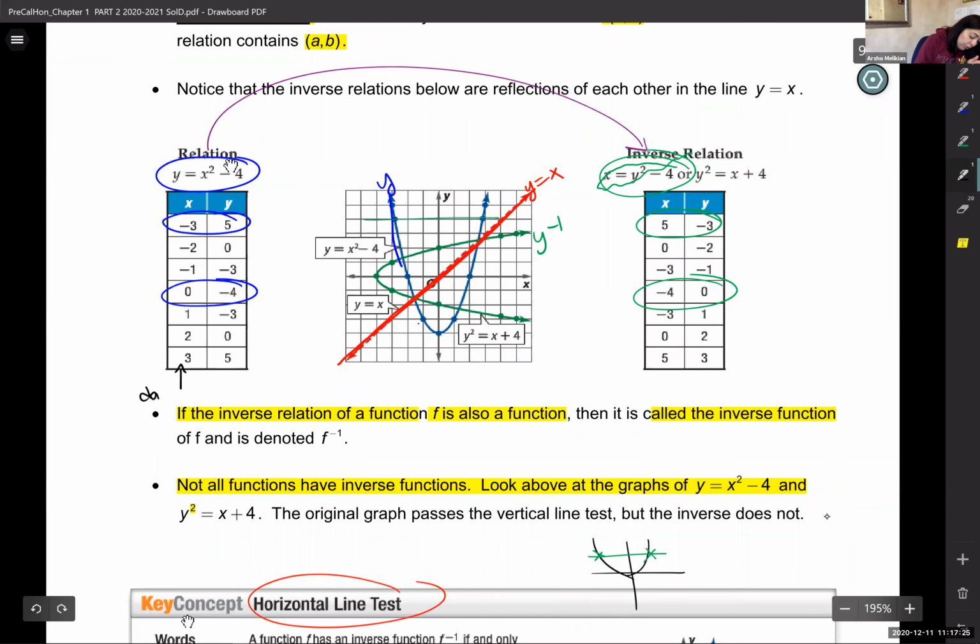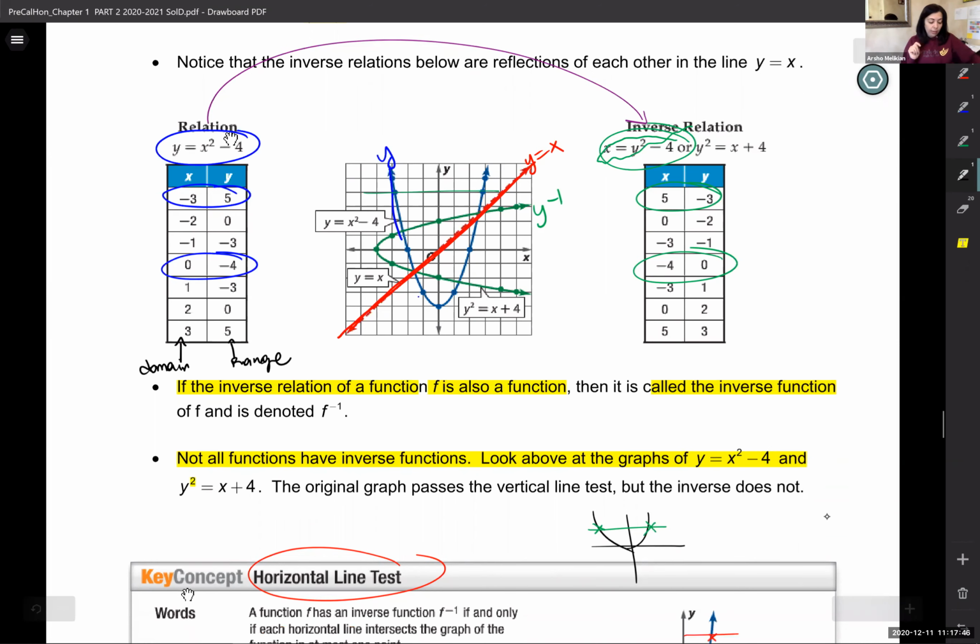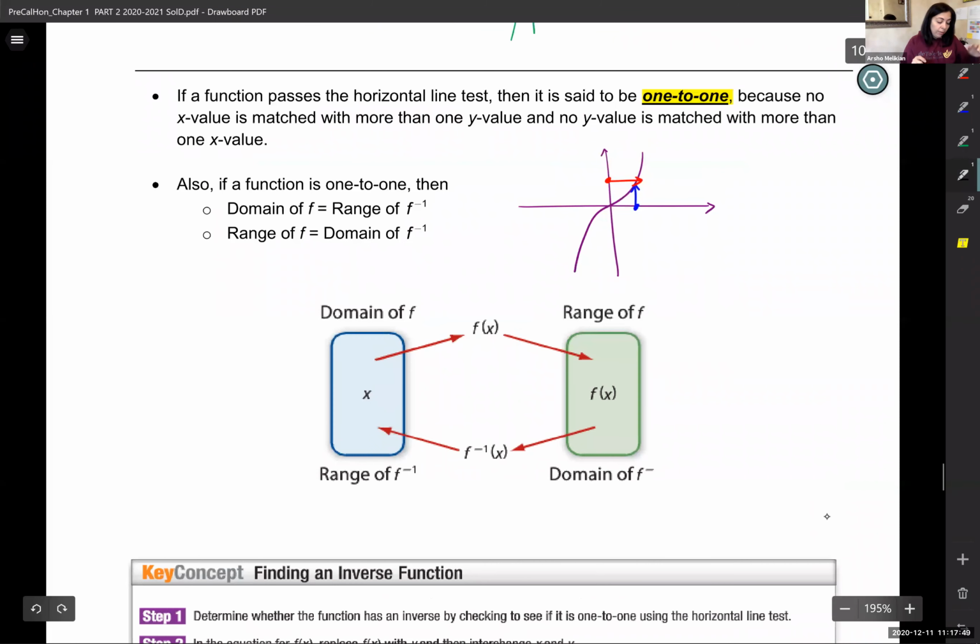This represents the domain, and this represents the range. Well, what happened when we switched over to the inverse? The domain and range swapped. That's the consequence of switching our x and y values. So in going from one function to its inverse, the domain of f will become the range of f inverse and vice versa.